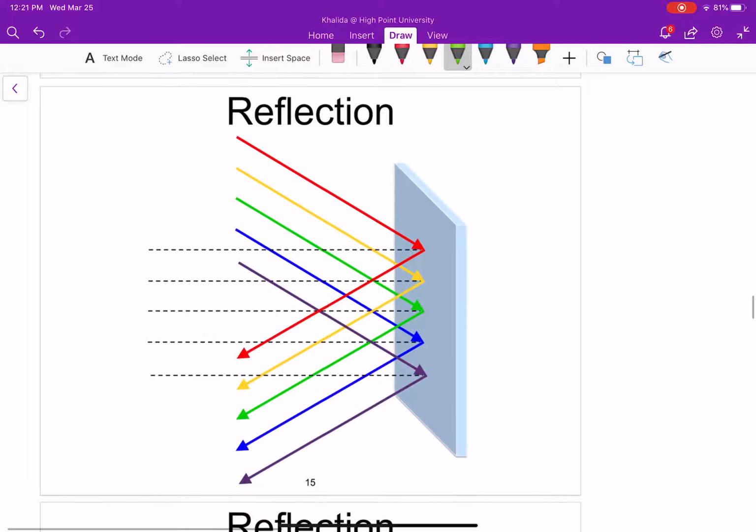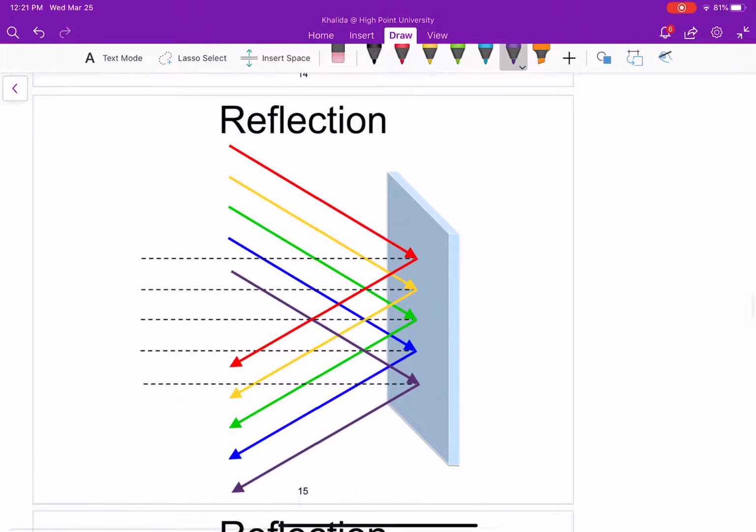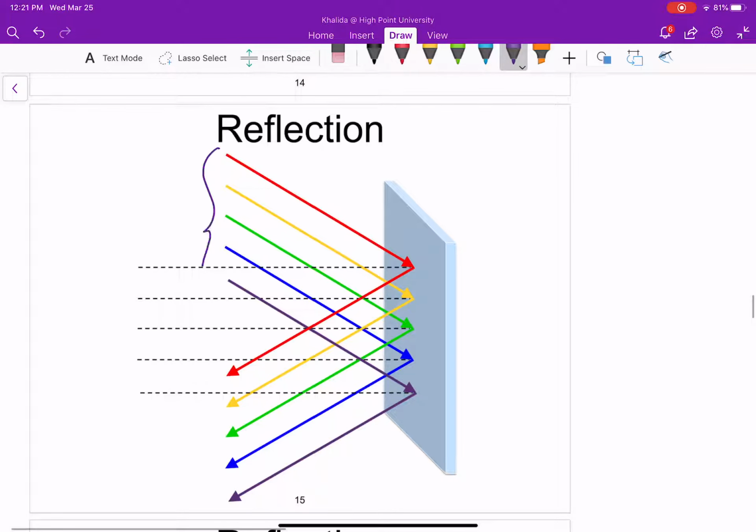So if you have a bunch of rays that are all coming in and they're all bouncing off of this surface, if they come in parallel, and the surface is smooth, meaning that there aren't any curves, there aren't any bumps, then all of these angles are going to end up being the same. And all of the reflected angles are going to be the same also.